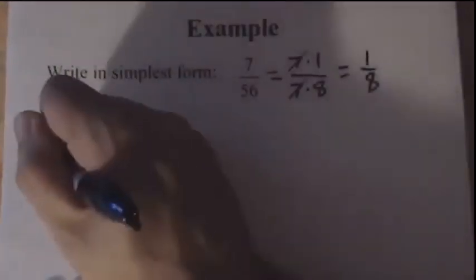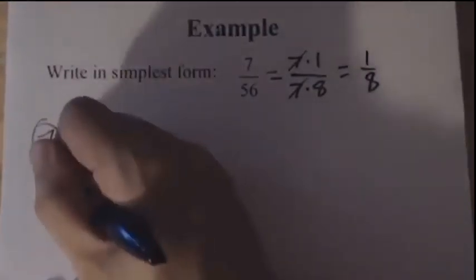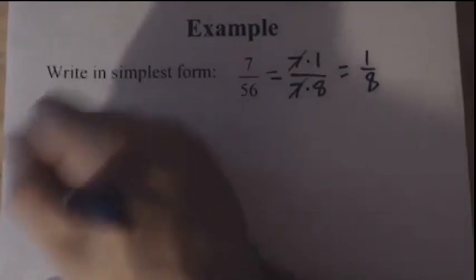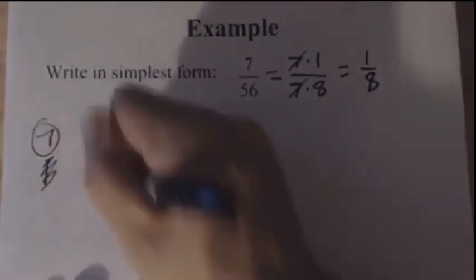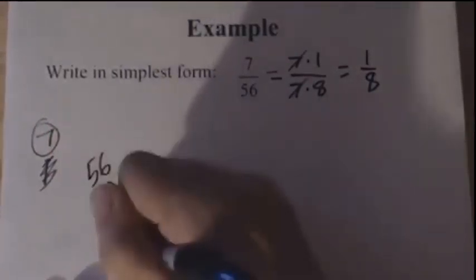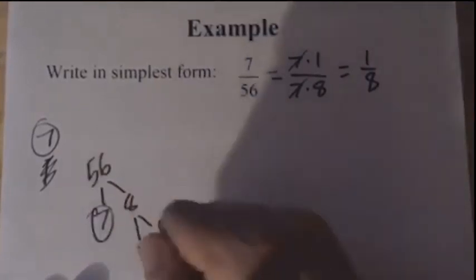If we did the factor tree method, 7, well, that's already prime. 7 times 1. 56 is 7 times 8. 8 is 4 times 2. 4 is 2 times 2.